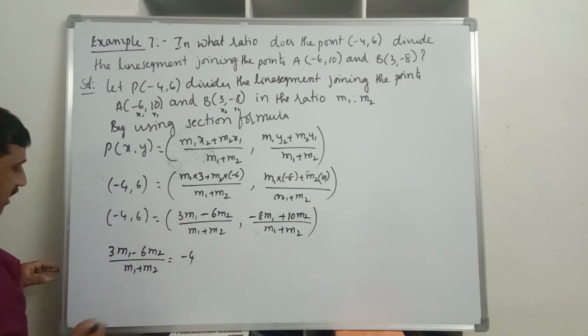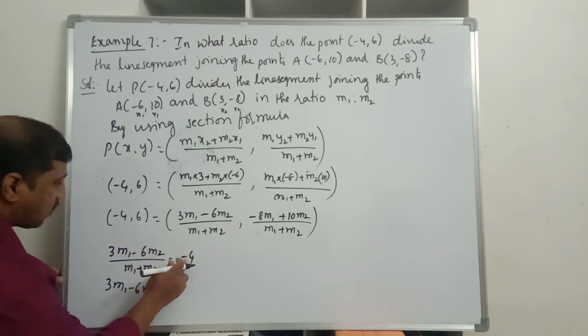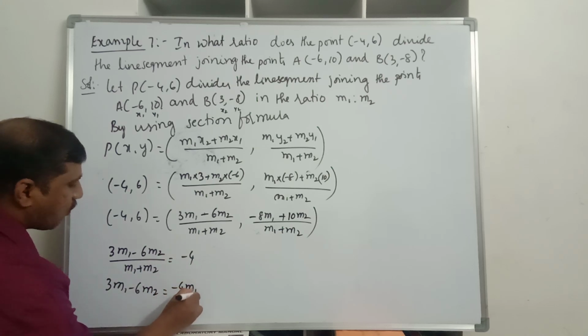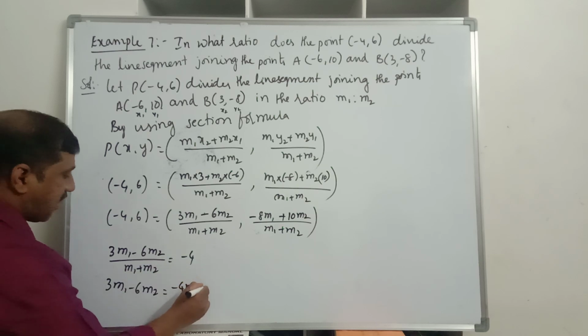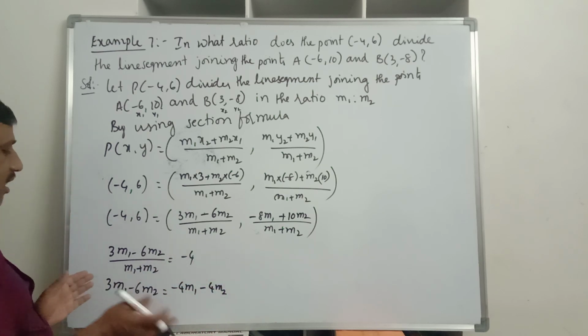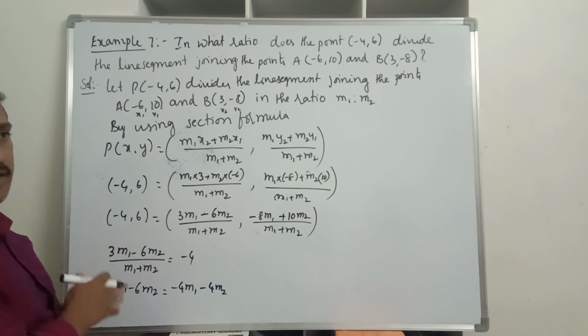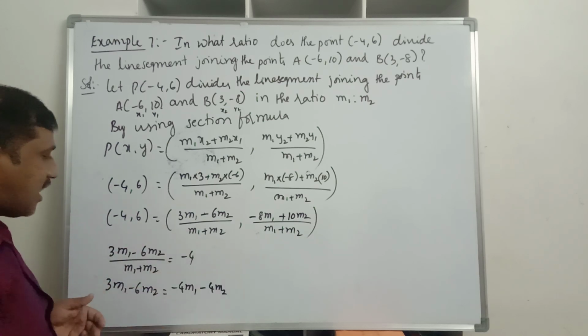Now by cross multiplication, what we get is 3m1 minus 6m2 is equal to -4 into (m1 plus m2), that is -4m1 minus 4m2. Now bring all the terms with m1 to one side and the terms with m2 to the other side.